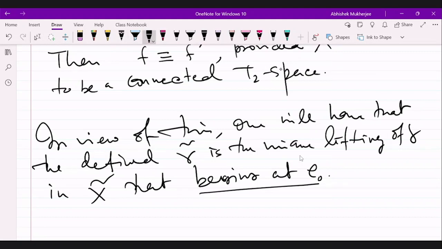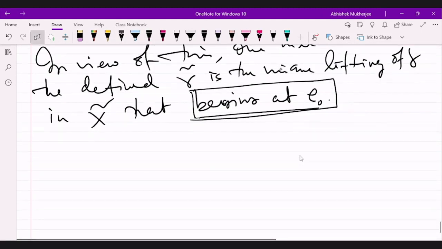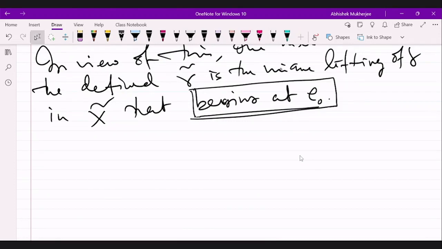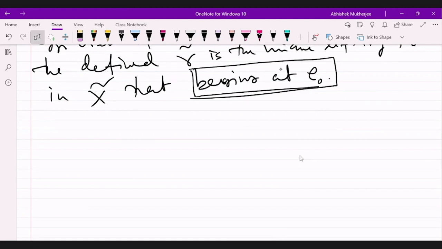So this is a very important note, right? Where it starts should be specified. Then it is unique. Great. So I'm just finishing today's lecture, just giving you a general definition here for a continuous map.